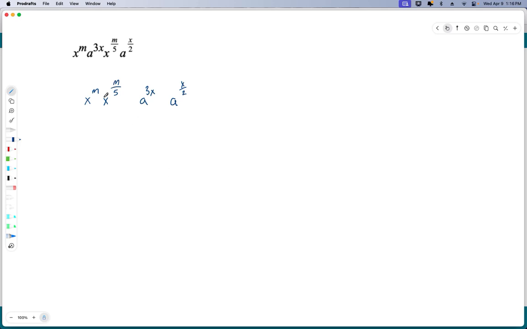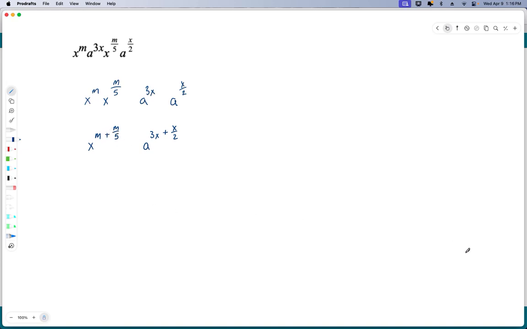Now, it would be really easy for me to put these together, m plus m over 5, and then a 3x plus x over 2. It'd be a lot easier to express that as a fraction with a common denominator.